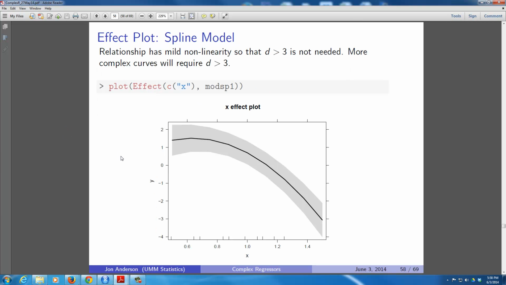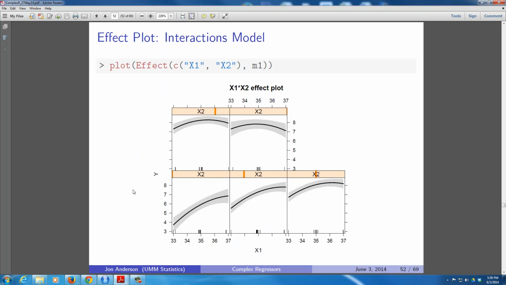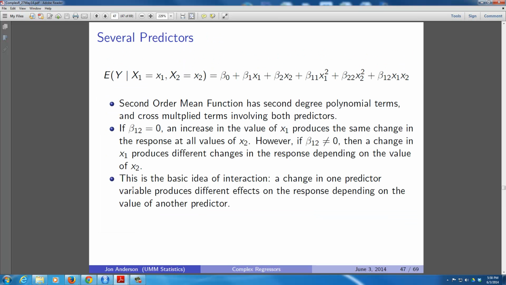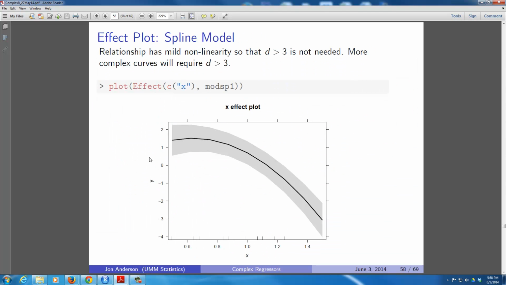And here is the effect plot, and you can see it's pretty similar to the polynomial that we saw previously. Referring back to the polynomial that we estimated and displayed back here on overhead 46 for the polynomial. And that's for the splines.